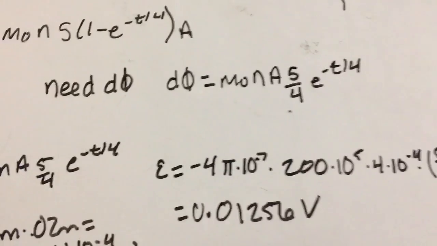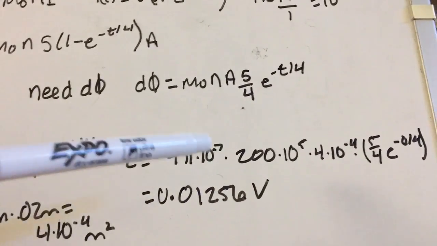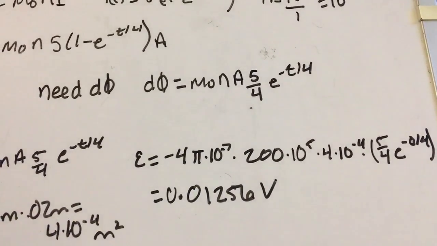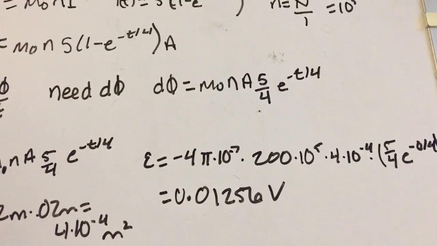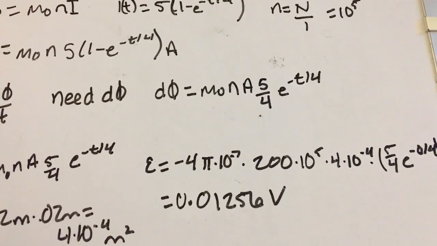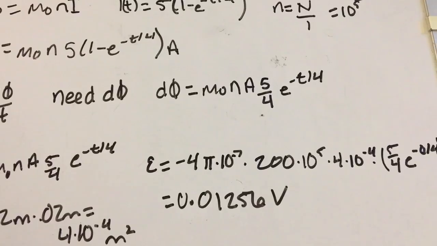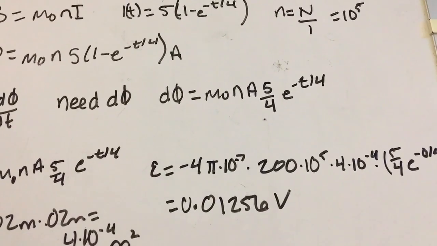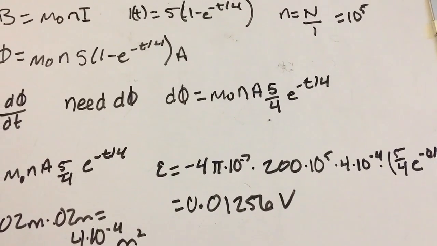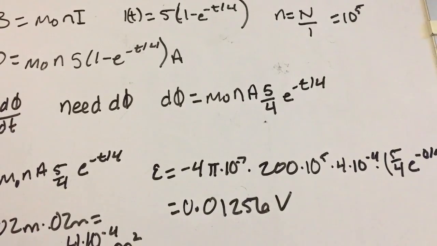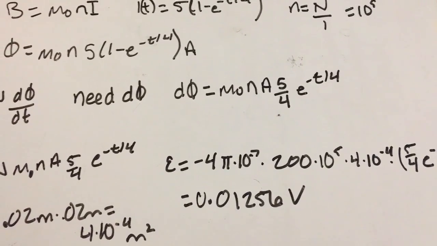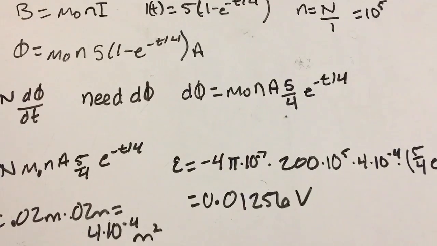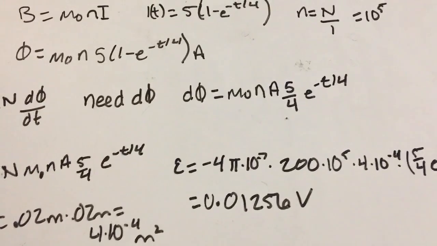We can look at this equation over here: this is mu naught, which is 4 pi times 10 to the negative 7. The 200 is the number of turns in the wire loop. The 10 to the 5th is the little n, which is turns per meter.